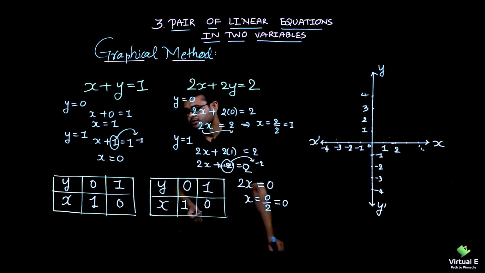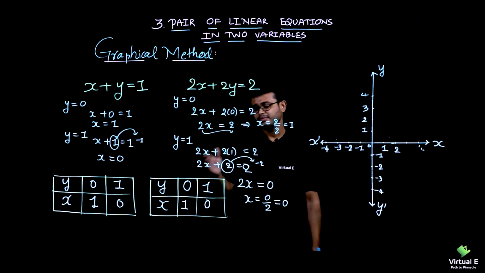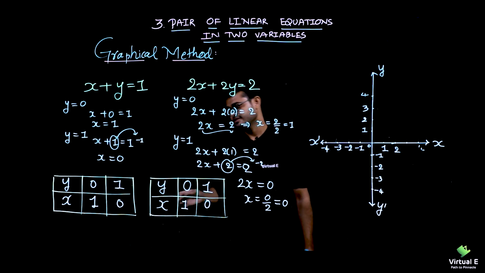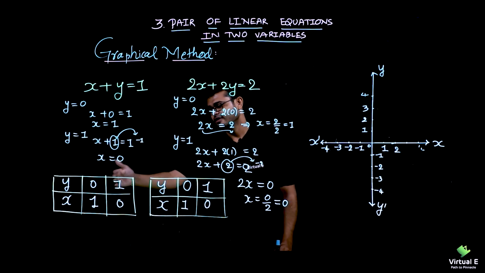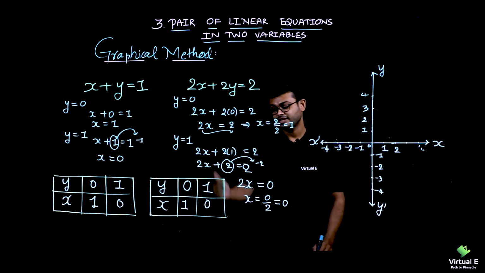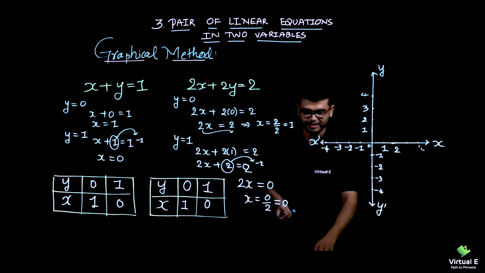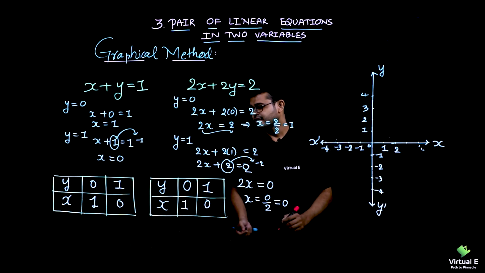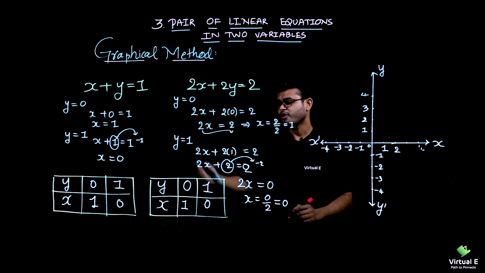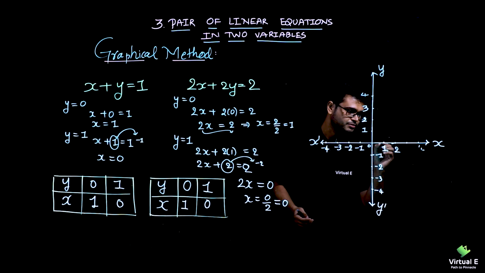So if you see the coordinates, I have similar coordinates in both of the cases: 0 and 1, 1 and 0, 0 and 1 and 1 and 0. Let's see what interesting result we get when we plot on a graph. So first I will start with y is equal to 0. So the point will be on the x-axis, which is over here.